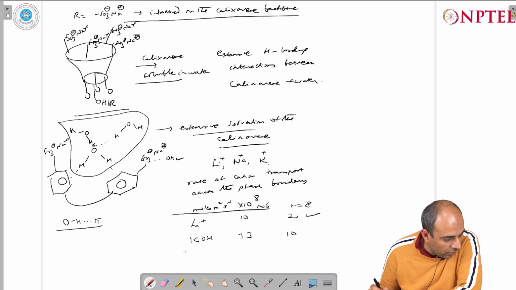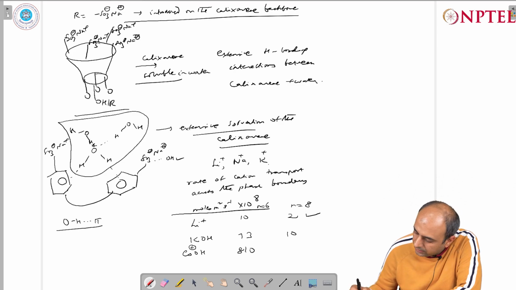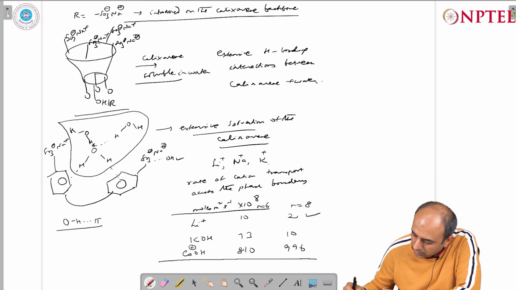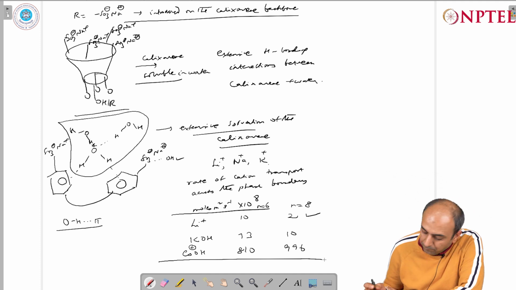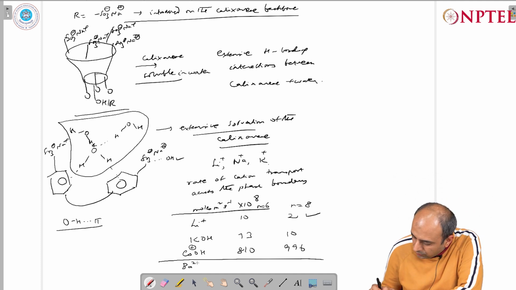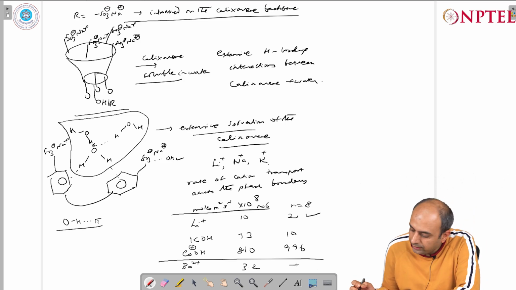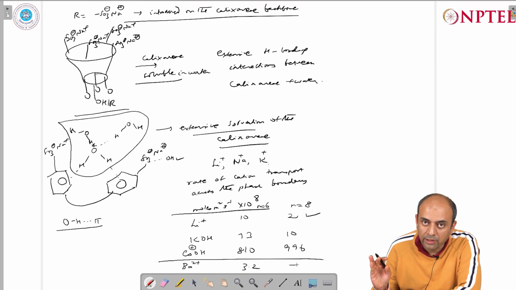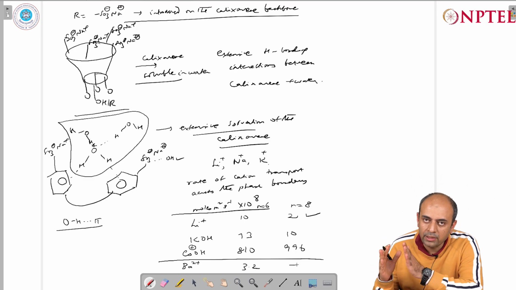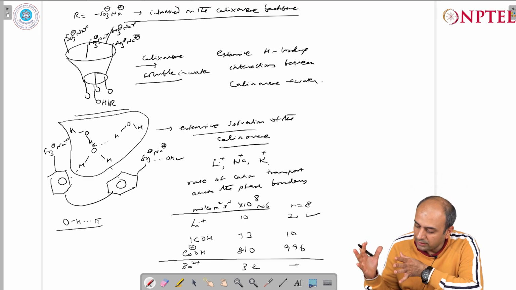However, for cesium hydroxide, the value dramatically improves to 810 and 996. And then if you were to increase the size further as well as the charge, for example barium, it drops to 3.2, whereas no data has been reported for n equal to 8. So, lithium is not transported efficiently, whether you have the calixarene or the calixarene which is larger in size.